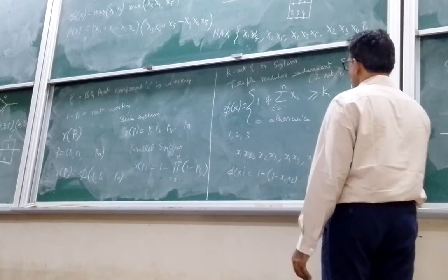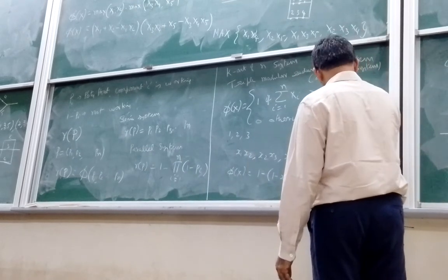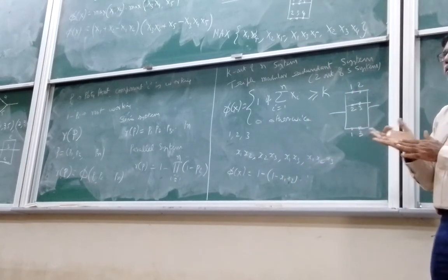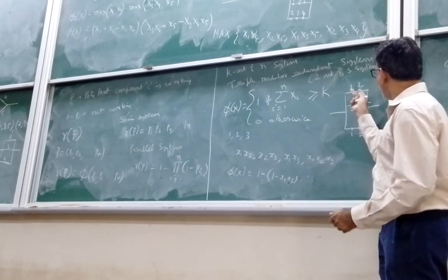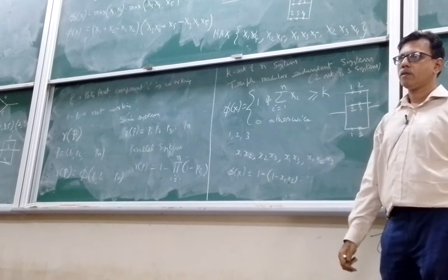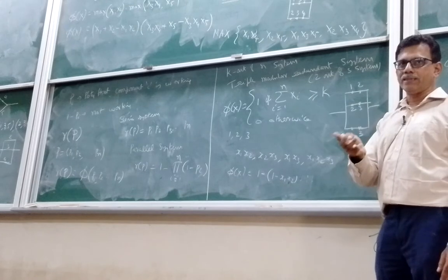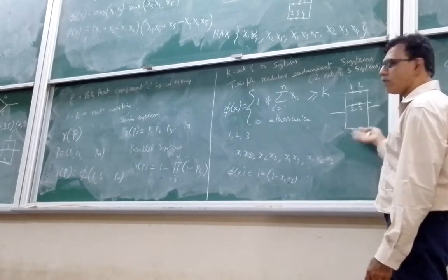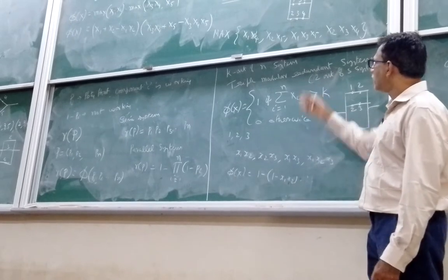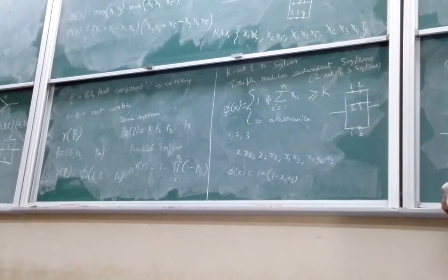That is, if 1 and 2 are working, then the system is working. If 2, 3 are working, the system is working. If all 3 are working, then of course all of them will be working. So this way you can have a k out of n system representation.